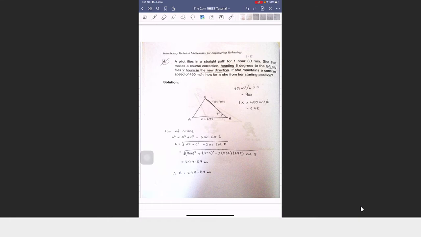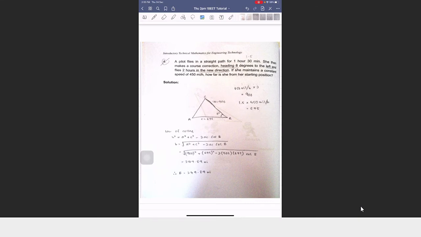So for this question, I suppose your diagram is supposed to be like this.